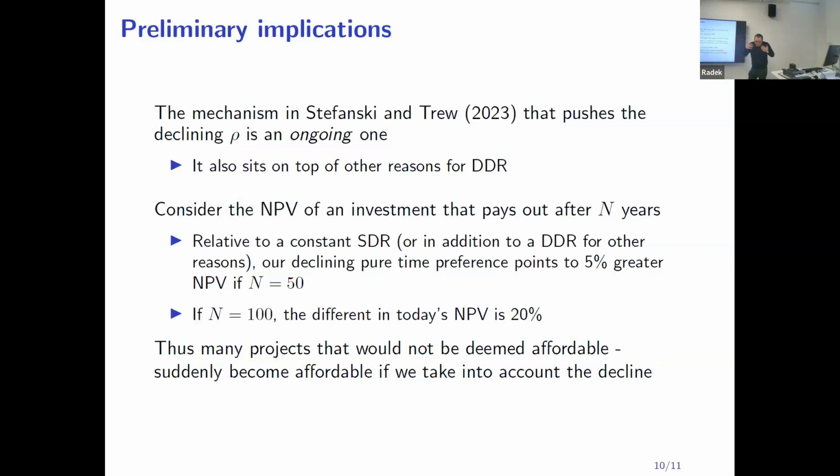Now, it's not to say that there aren't other factors in play. It's not to say that things like ethics shouldn't be playing more of a role here. They certainly may be, but this is on top of all those other factors, right? So this, if anything, is saying future interest rates should be lower. We should be caring more about the future than we are, because people in the future will be caring more about the future. Right? So many projects that would not be deemed affordable today suddenly become affordable if we take into account this decline.